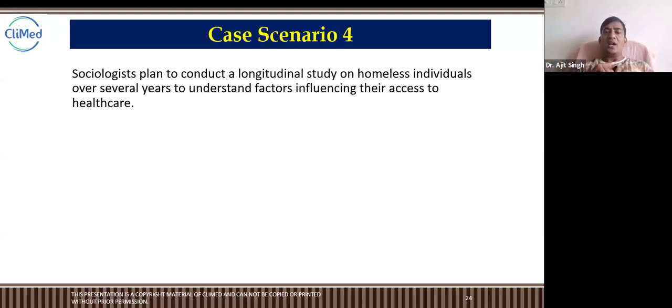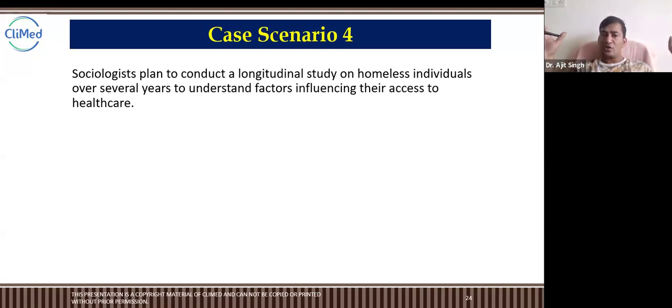Observational longitudinal studies on homeless individuals over several years to understand factors influencing their access to healthcare. What are the factors influencing them getting access or not getting access, in the homeless people who are living in the streets, cars, private shelters, or railway stations, like that.